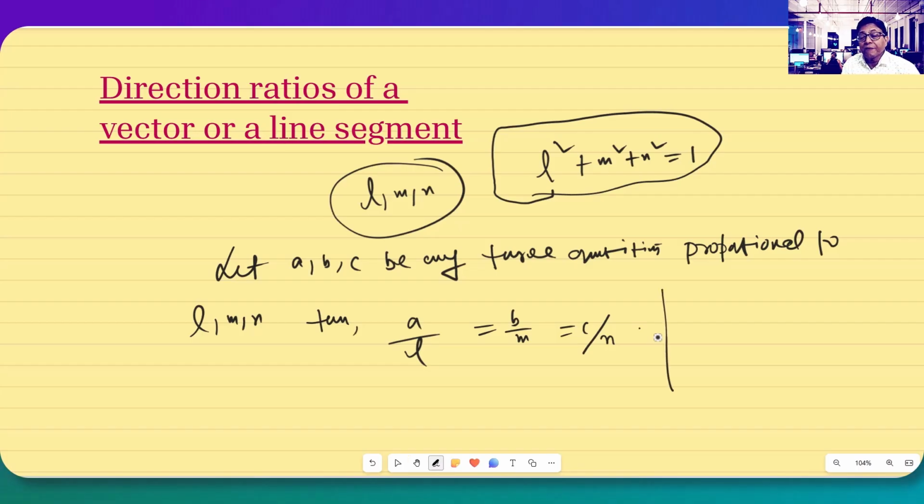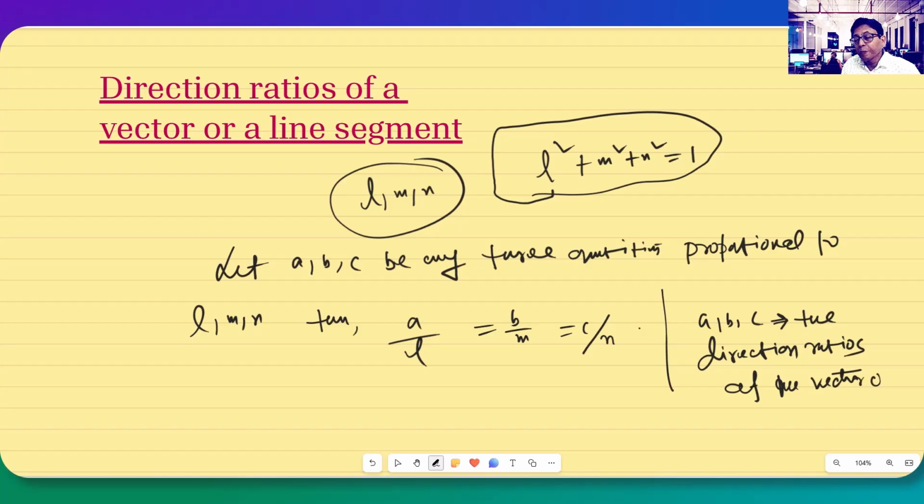Then we will be referring to A, B, C as direction ratios of the vector OP or the line whose part is the line segment OP. OP you remember, we have just taken the previous diagram. So that is a vector that I told you.